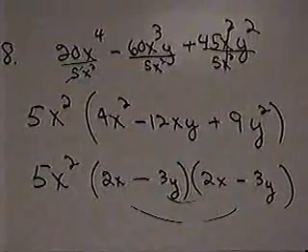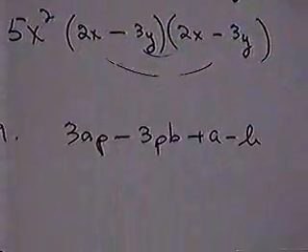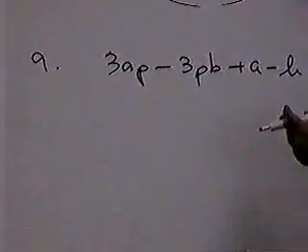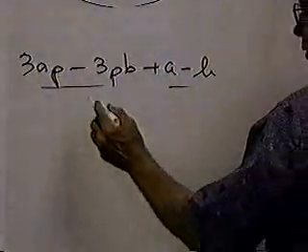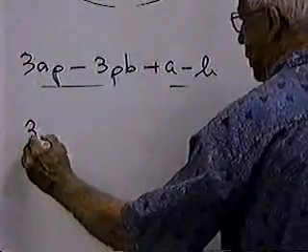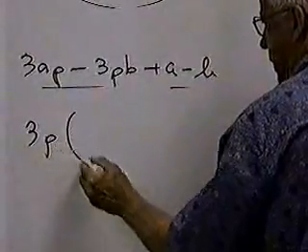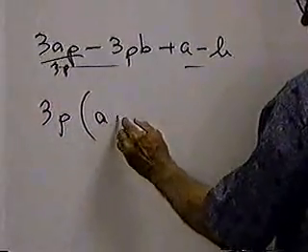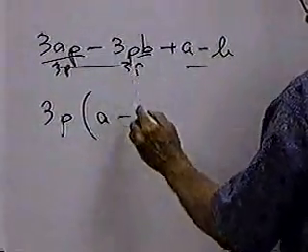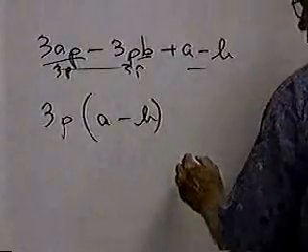Listen to the process. All right, number 9. 4 terms. So what we're going to do is look for a common factor. Common factor here is 3p. Divide 3p out of that, leaves us a. Divide 3p out of that, leaves us b.